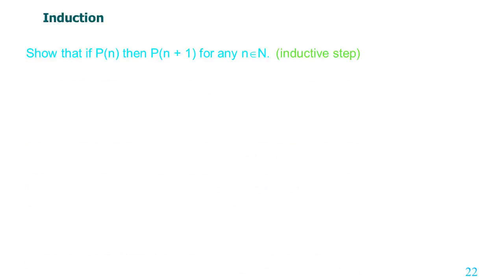Next, we show that if P(n), then P(n+1) for any n. This is the inductive step. So we can assume that 1 plus 2 plus 3 up to n is equal to n times n+1 divided by 2. It is true.